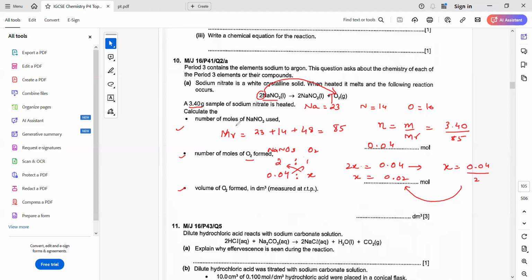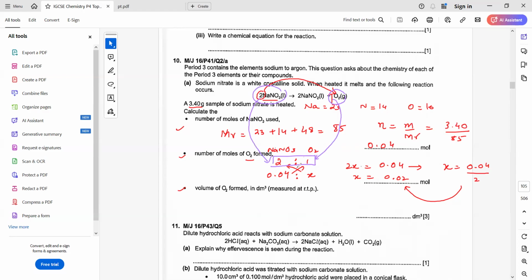Now, see, Bushra, we have calculated the moles of this, right? And then they have asked us the moles of oxygen, right? So we just used the same ratio proportion technique. Since this was 2 written here and this was nothing written here, that means that is 1. So the ratio between NaNO3 and O2 was 2 is to 1.